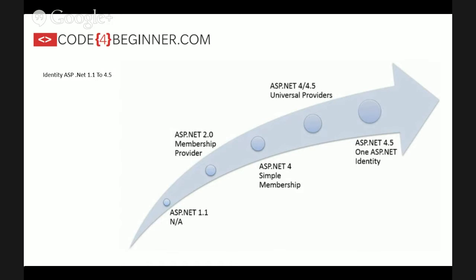Now, ASP.NET Identity is backward compatible with ASP.NET Simple Membership. That means you can actually log in using a username and password. It is testable. It supports social logins. It is extensible in the sense you can have your own custom schemas.